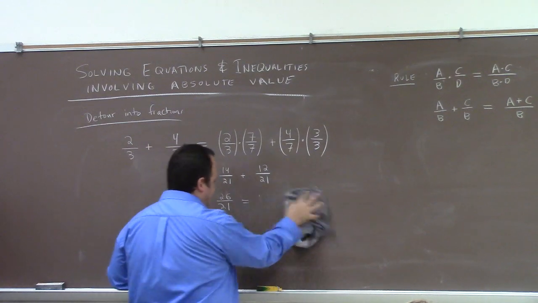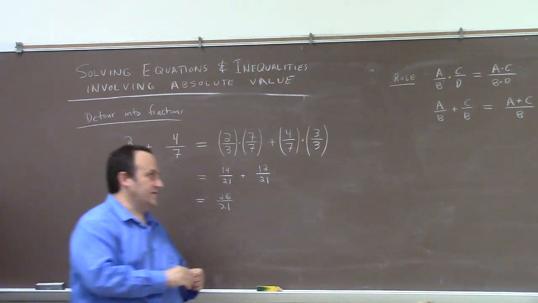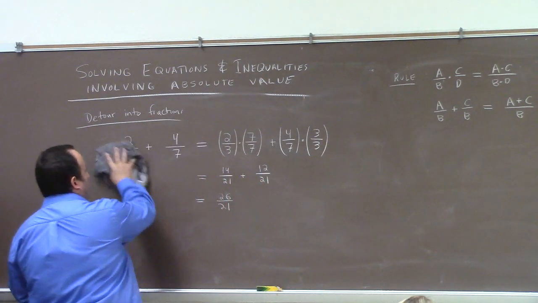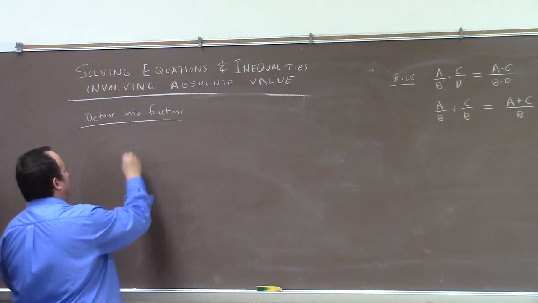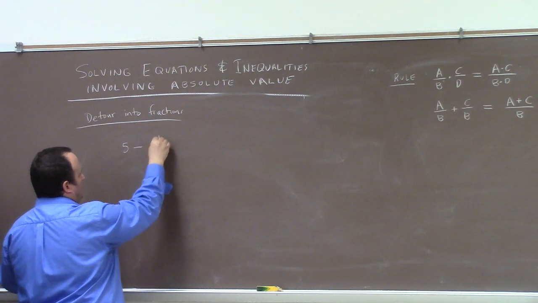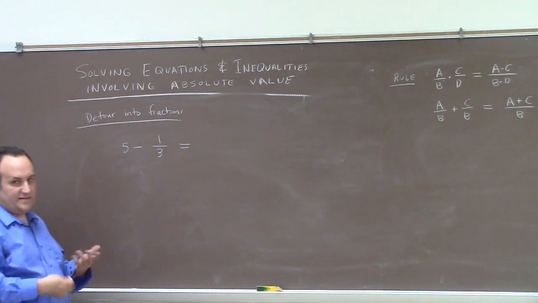Okay, so what else is often a sticking point with fractions? What if we have something like 5 minus 1/3? Then what do we do if we want to simplify that?